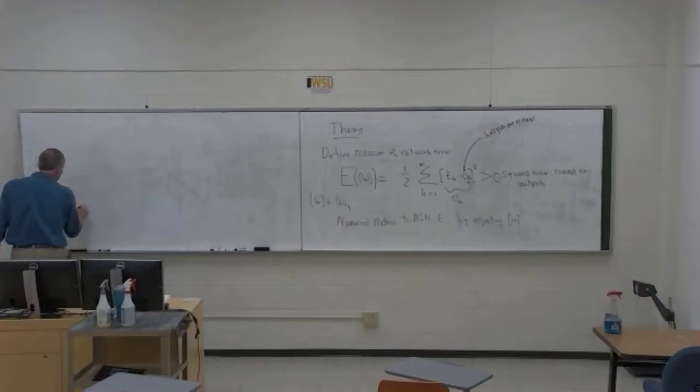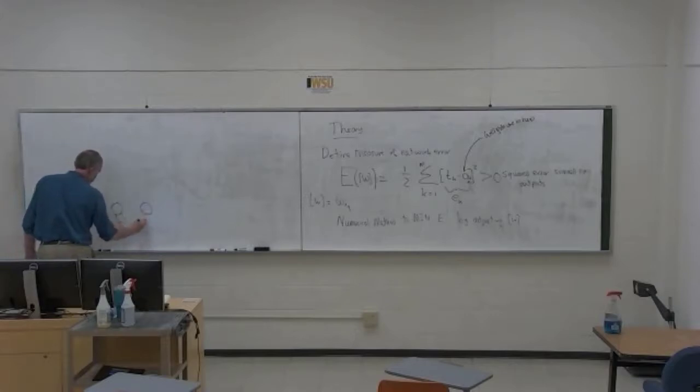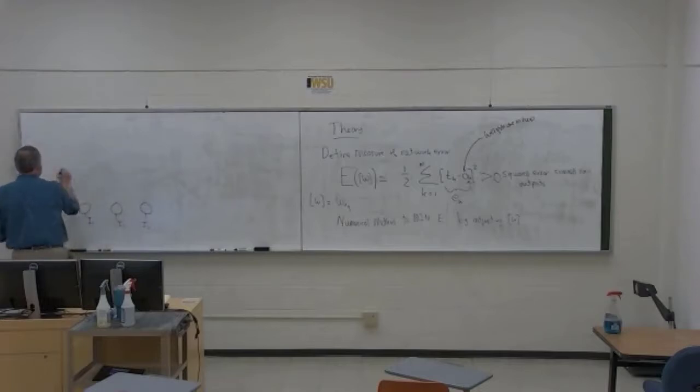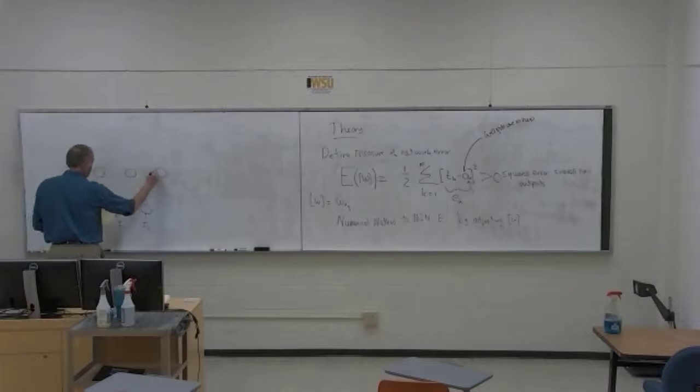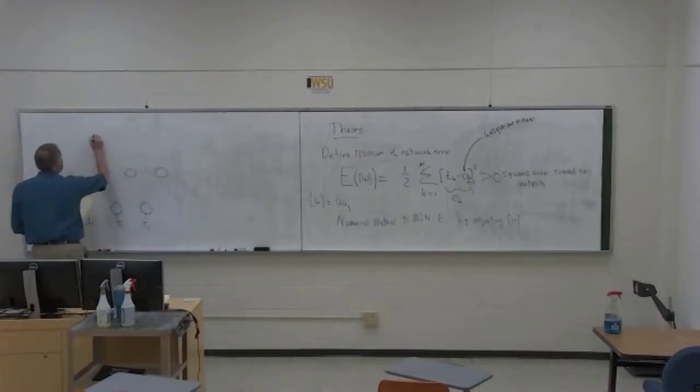So here's our simple network. We do this. 4 hidden neurons and 2 outputs.